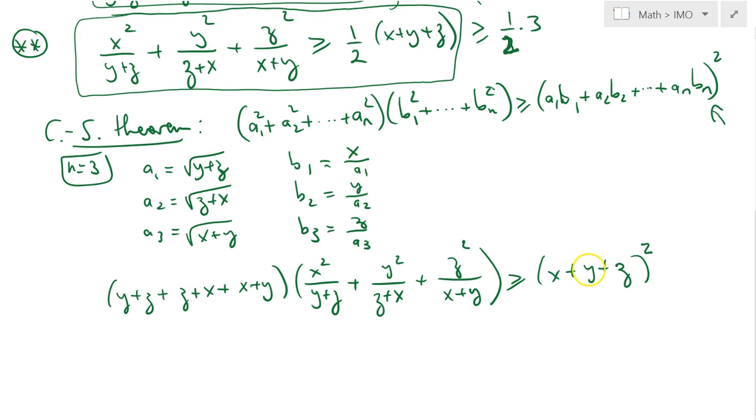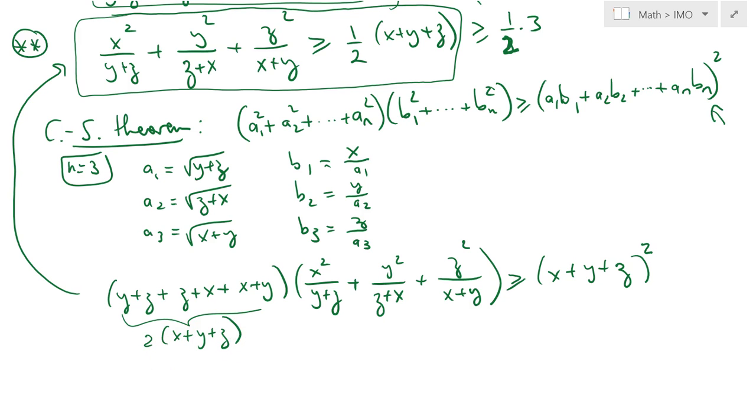So it is the same as the result that I want to prove, right? Why is that? Because look at this expression here. This is just 2 times (x plus y plus z), and so they will cancel out.